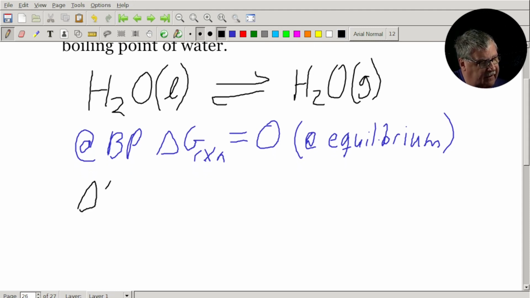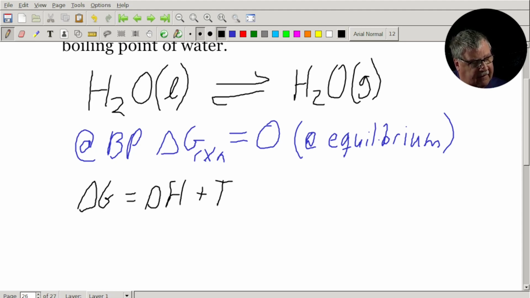One of the ways we learned how to calculate delta G is if we have the delta H and the delta S for a reaction. That's the Gibbs-Helmholtz equation. Again, that's one of the three ways we've already learned about calculating delta G. And when we get into the next chapter, we'll get to the fourth way. So delta G is equal to delta H minus T delta S.